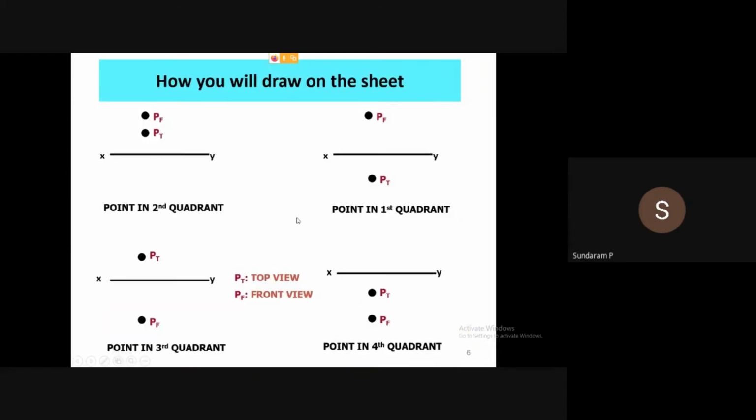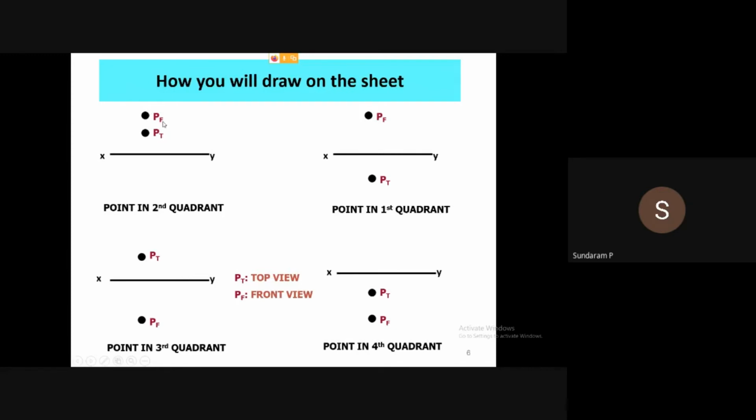So how can we draw this on the drawing sheet? In 2D, how can we represent it with the XY line or XY coordinates? A point in the second quadrant means both the front view and top view are shown.